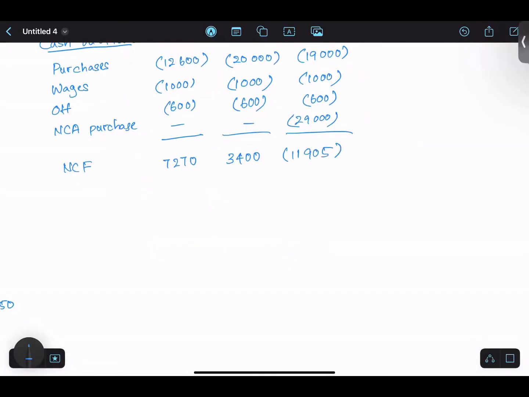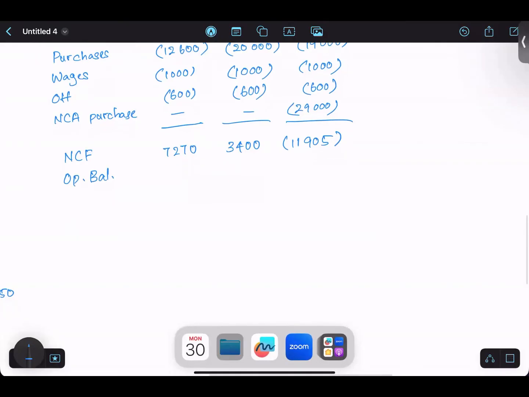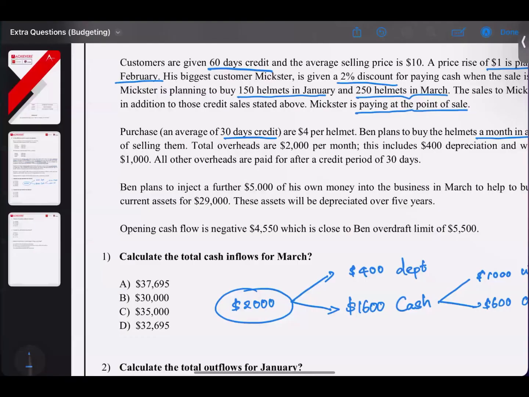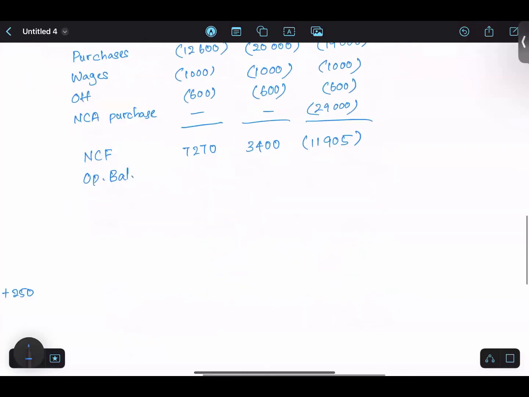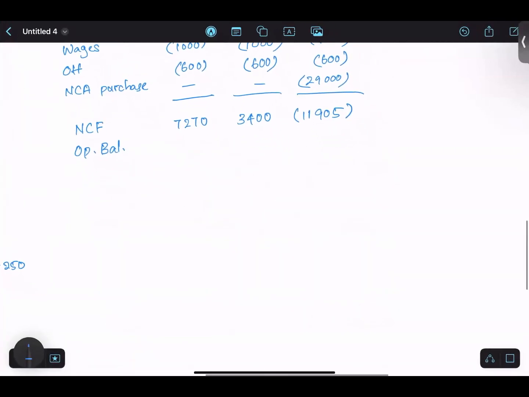So if you take the opening balance, they have told us the opening cash flow is negative 4,550. So for the month of January, it is negative 4,550.